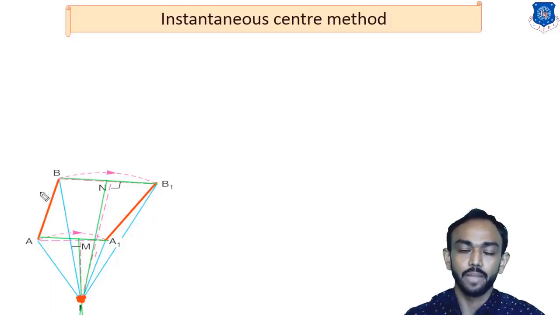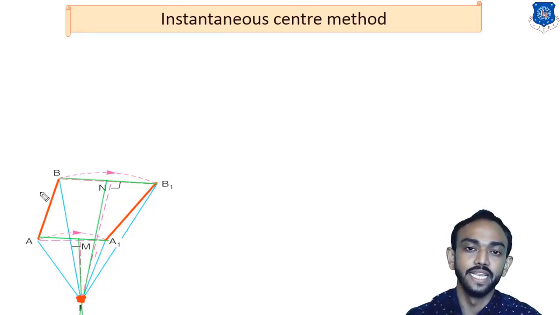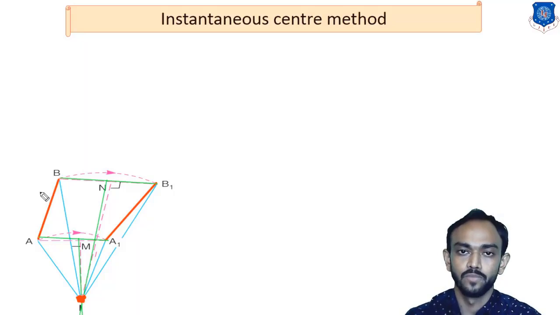Whenever you understand the pure rotation, we can find the relation with linear velocity also. If you know the angular velocity, you can find the linear velocity very easily.